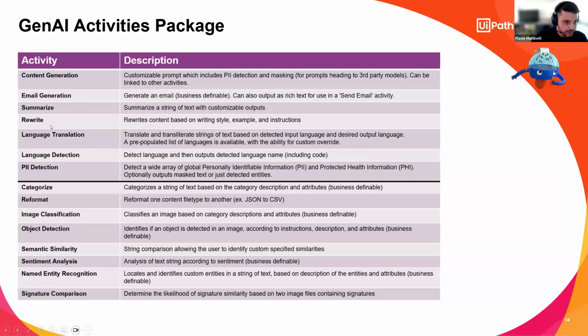There are other things that we will show you today, for example, language translation, language detection, and PII detection. PII stands for personally identifiable information and protected health information. It means that the robot and the AI model can understand if you are sending them sensitive data, and it can anonymize it automatically.